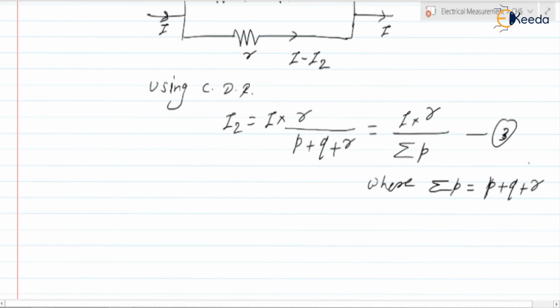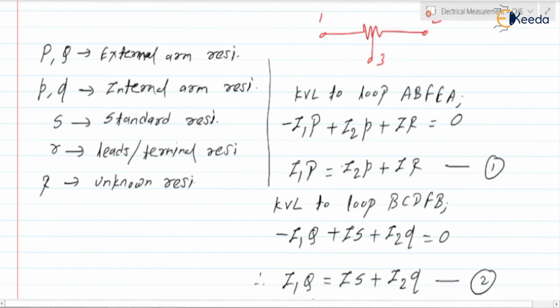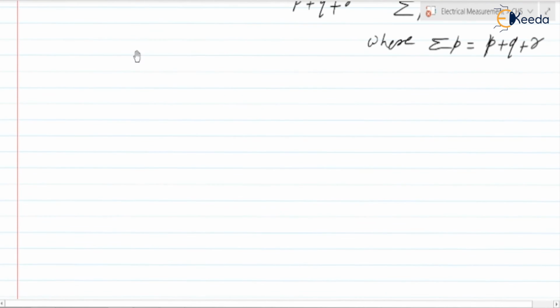Now can we put equation 3 in equation 1? Here we need to replace this I2 with equation 3. Equation 1 is I1 into capital P is equal to I2 into small p plus IR.